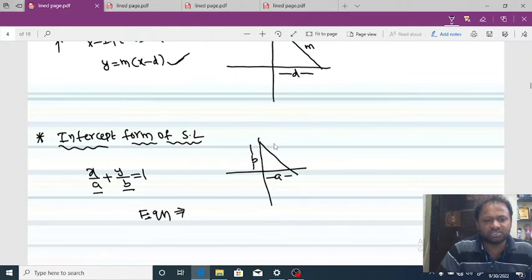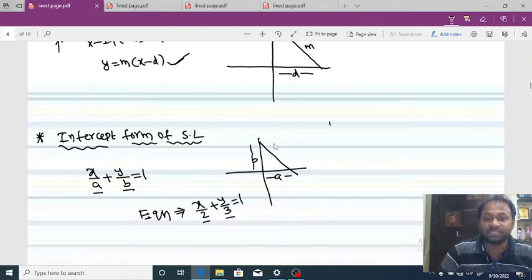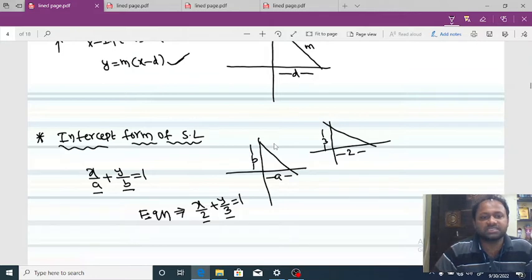For example, x by 2 plus y by 3 is equal to 1 means here the x-intercept is 2, the y-intercept is 3. That means if we take the line like this, 2 is the x-intercept and 3 is the y-intercept. So this is the way to find intercept form.